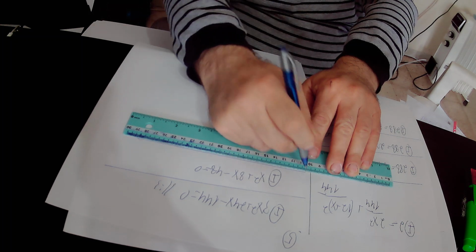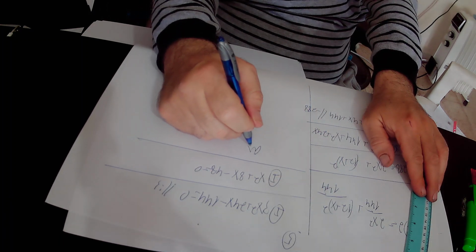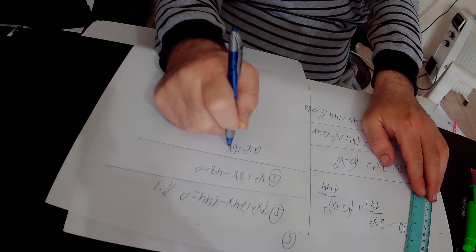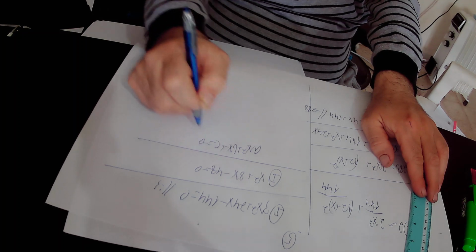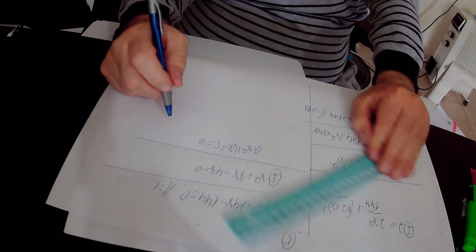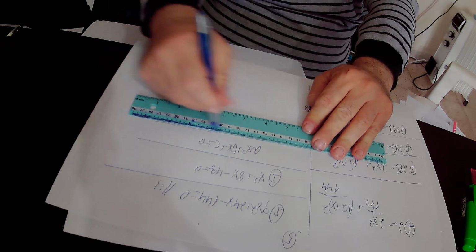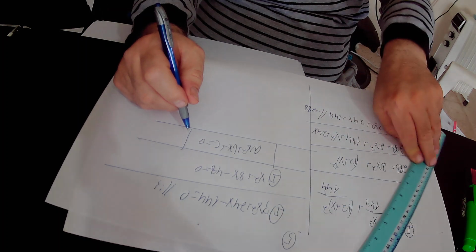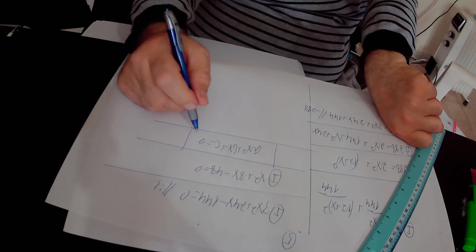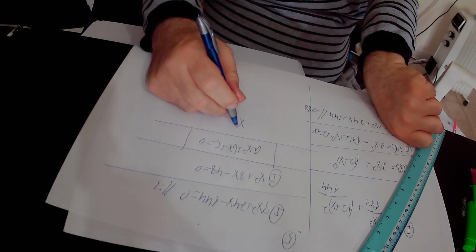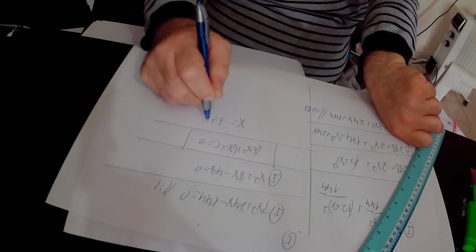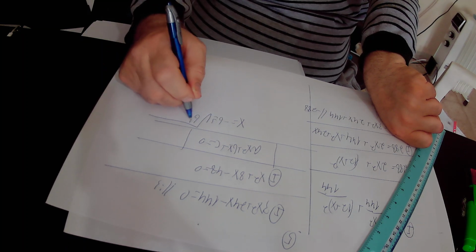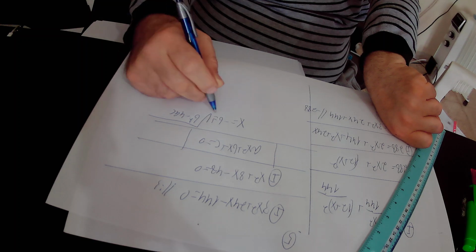And the general formula for a quadratic equation is aX squared plus bX plus c equals 0. This is the general formula. a, b, and c are the coefficients of this quadratic equation, and X is the variable that we are looking for. We find out the value of X according to the following formula. X equals minus b plus minus square root of b squared minus 4 times a times c, over 2a.